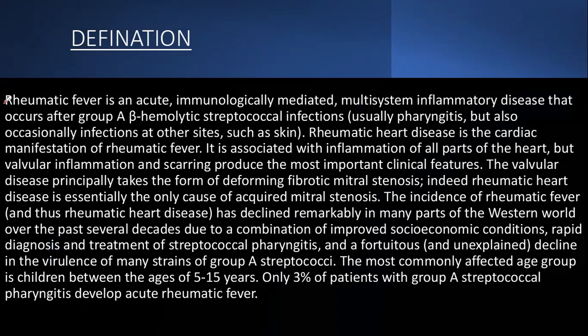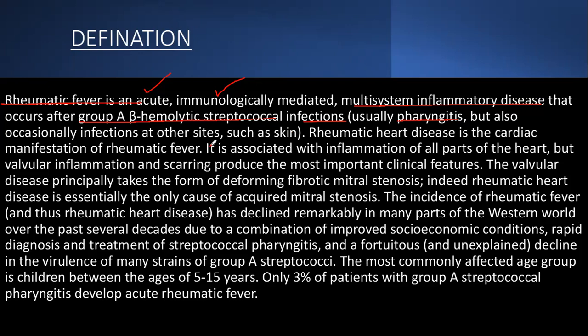Now, rheumatic fever is an acute immunologically mediated multi-system inflammatory disease that occurs after group A beta hemolytic streptococcal infections, usually after a pharyngitis, okay? And also with other infections such as skin infections. Now, rheumatic heart disease is the cardiac manifestation of rheumatic fever.